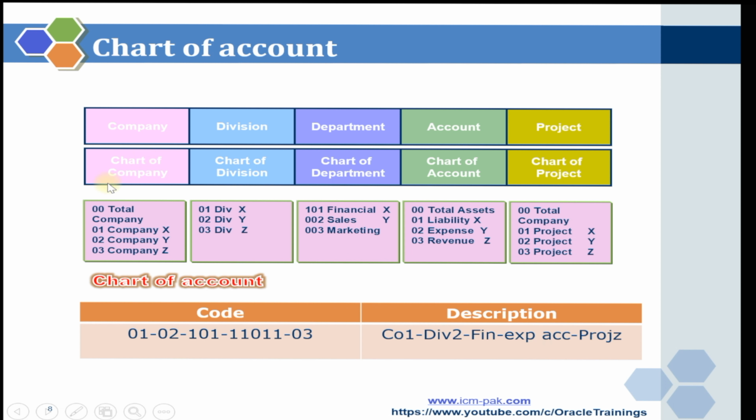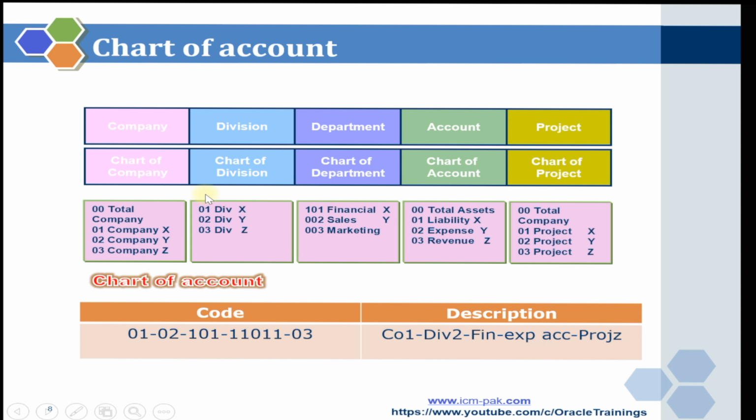This is called a flex field. I'll explain the flex field, but using it you can build your chart of account. There is one flex field called the accounting flex field. You must configure this accounting flex field to start the implementation for your Oracle E-Business and for your Oracle Fusion application as well.